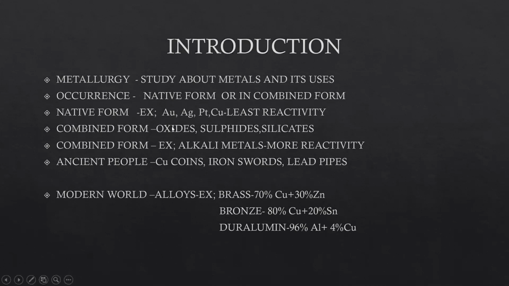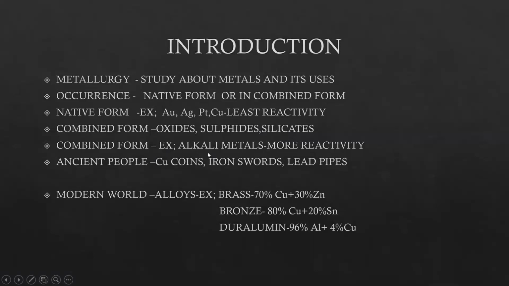Some metals we are getting only in the combined state as oxides, sulfides and silicates. Oxides means the metal reacts with the oxygen, we are getting the metal oxide. Metal reacts with the sulfur, we are getting the metal sulfide. Metal reacts with the silica material to form the metal silicates.